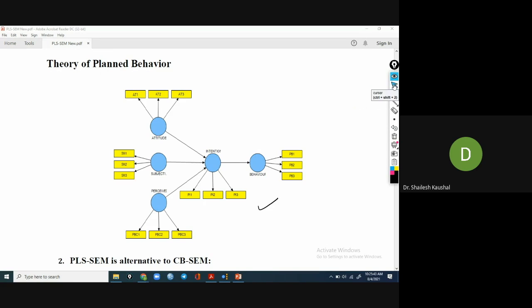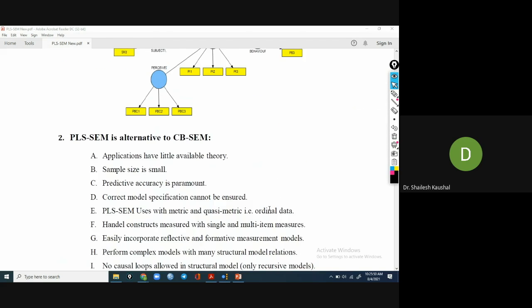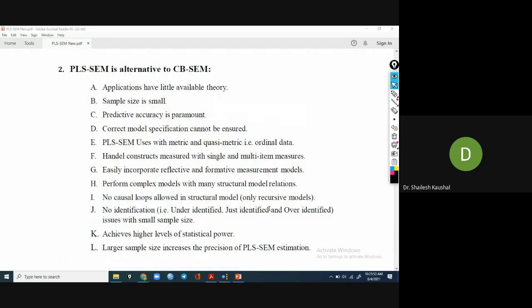Now after that, the PLS SEM, the alternative to the CBSEM. Now question, why should we use PLS SEM, and what are the advantages of this model? When applications have little available theory, sometimes research scholars complain that we do not have enough research papers to perform CBSEM.